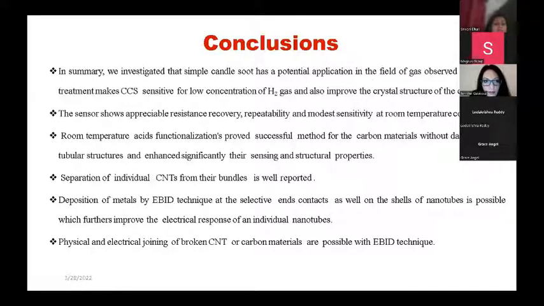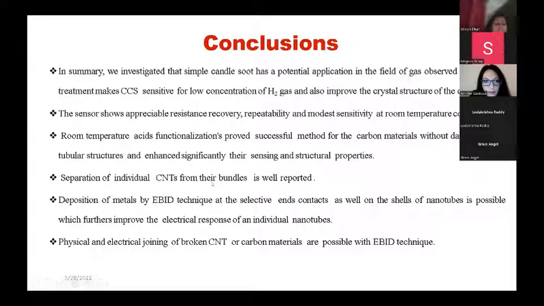Here I am using a very simple method for the functionalization, without any heating and without any reflux methods. I just drop some drops of H2SO4 on the CCS, but the concentration of the acid and the number of drops matter. Otherwise, we can damage our materials.